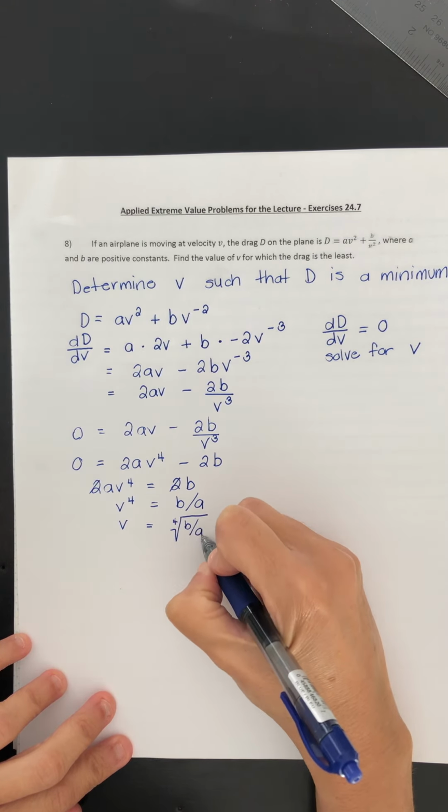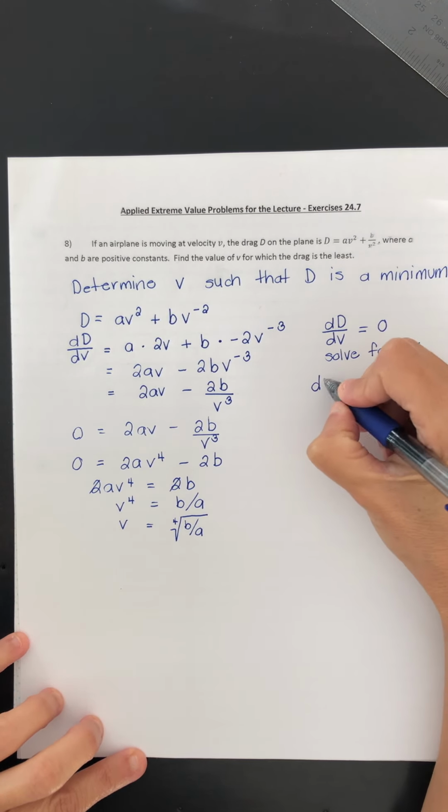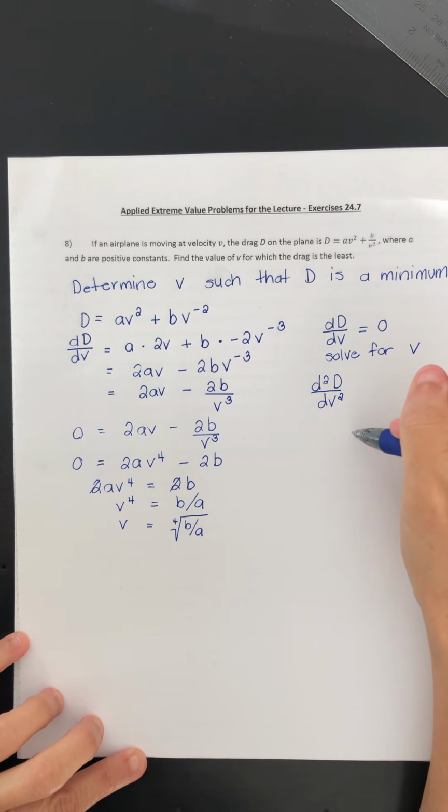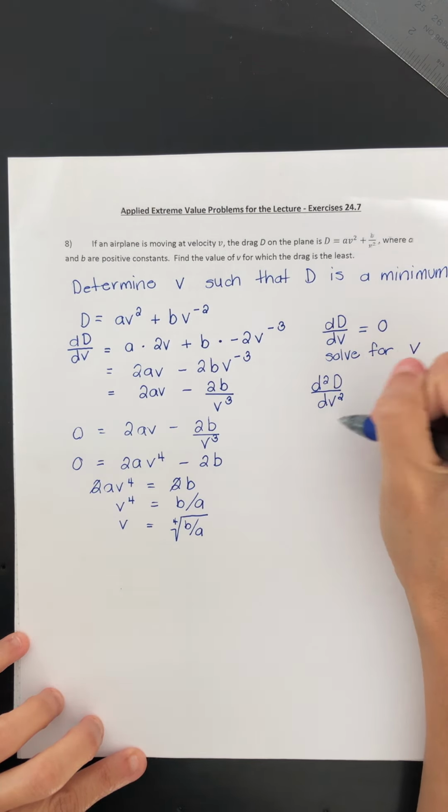And now how do we ensure that we have found a velocity which provides for a minimum? Well, we would do the second derivative test. So we're going to take the second derivative. You could just write this capital D double prime if you prefer, but this is the correct way to say the second derivative of the drag with respect to velocity.